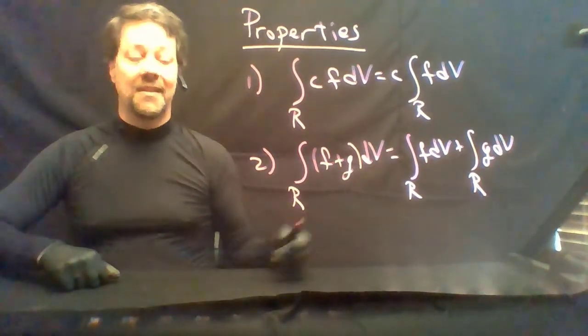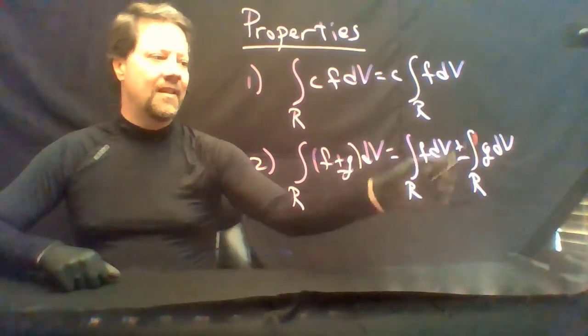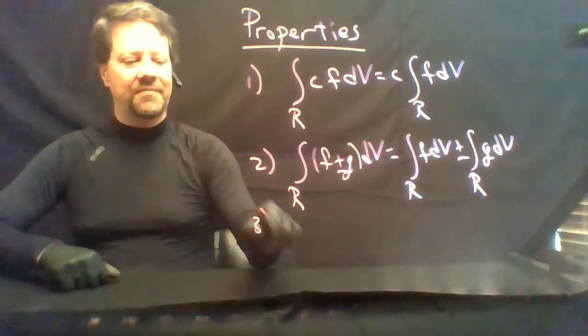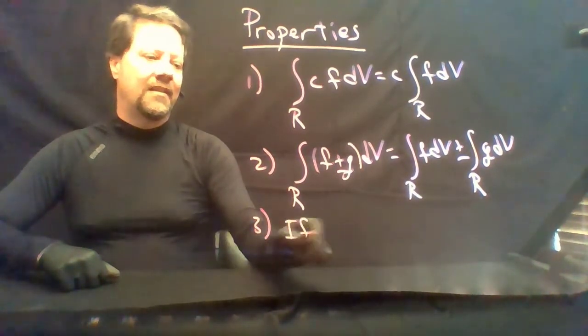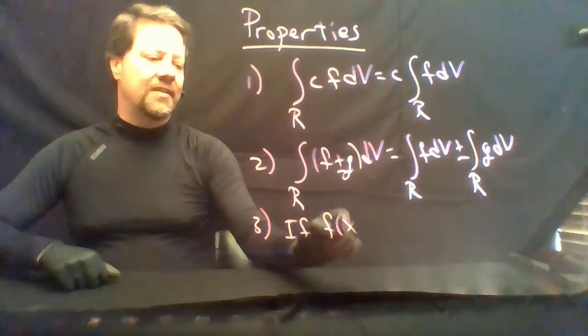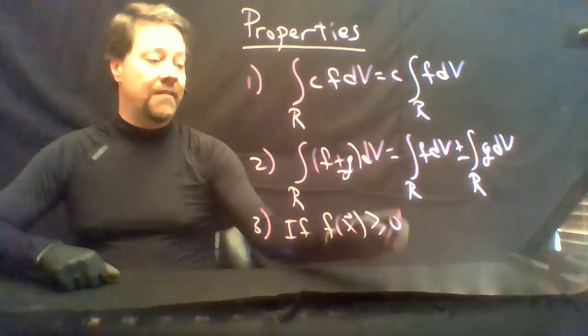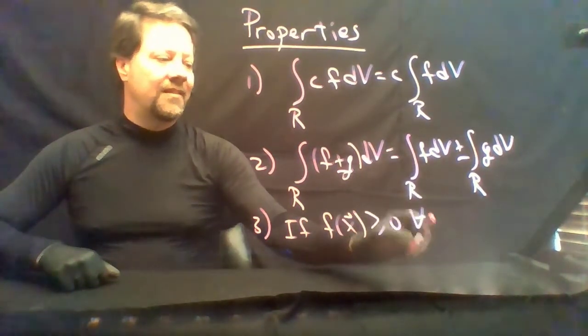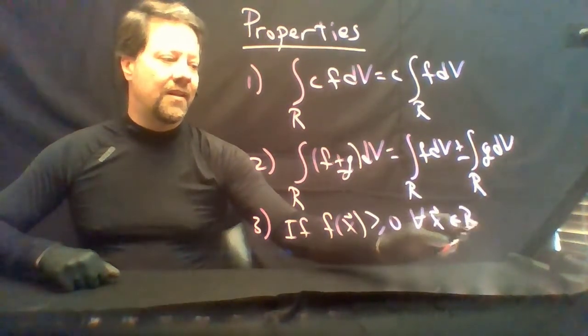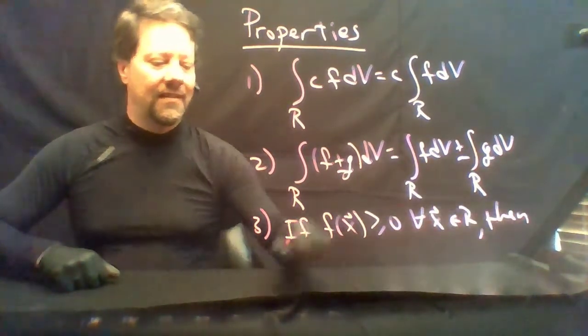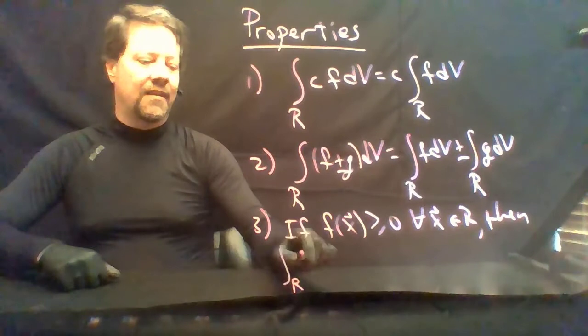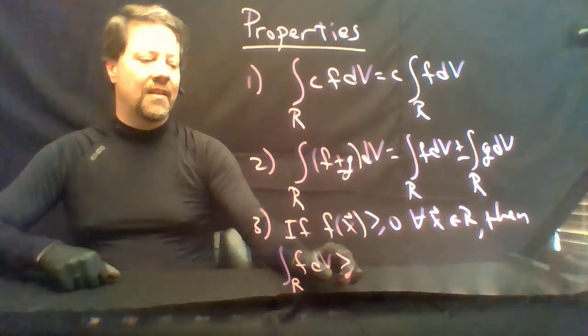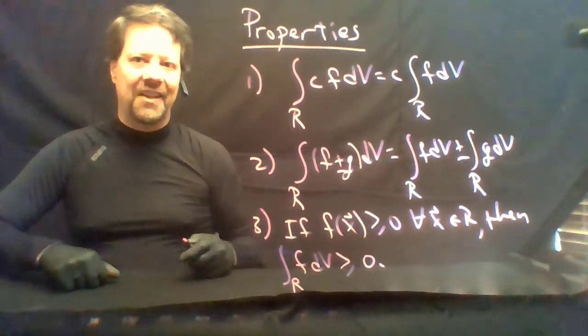Calculate those integrals independently. Same is true for minus. If f of x is bigger than or equal to 0 for all x in the region R, then when you integrate on R f dv, you can't get a negative value.